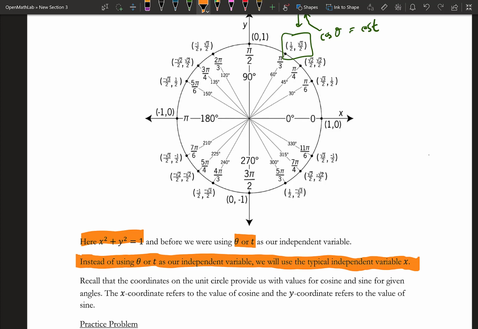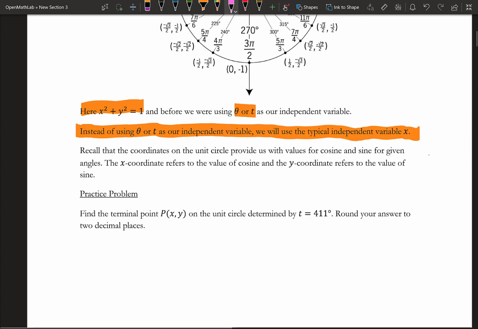That's typically used, like in a quadratic function f of x equals x squared, where whatever's inside is my independent variable. So we're going to put it in those terms. Recall that the coordinates on the unit circle provide us with values for cosine and sine for given angles. The x-coordinate refers to the value of cosine and the y-coordinate refers to the value of sine.